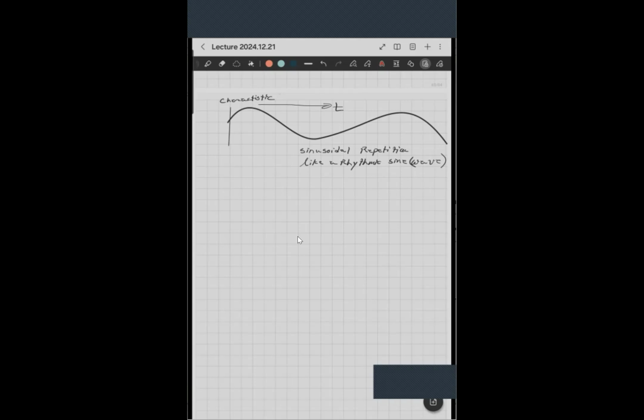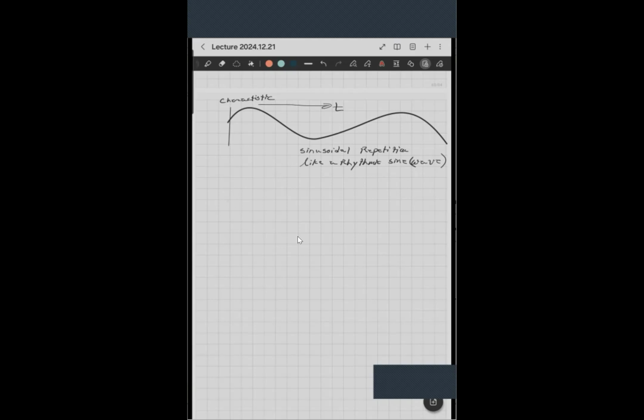It might be a position, it might be an angle, it might be something else, but it changes something in time rhythmically. That's the whole idea. And it does this rhythmically over and over again the same way.